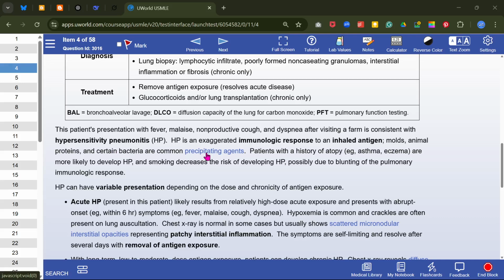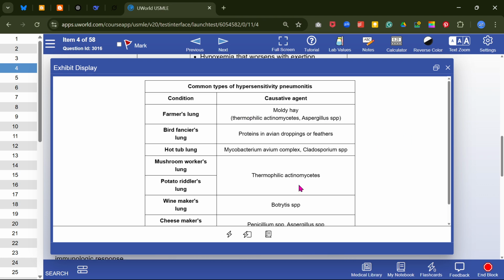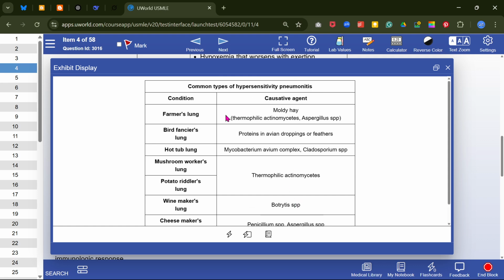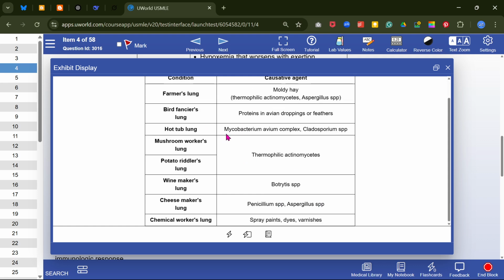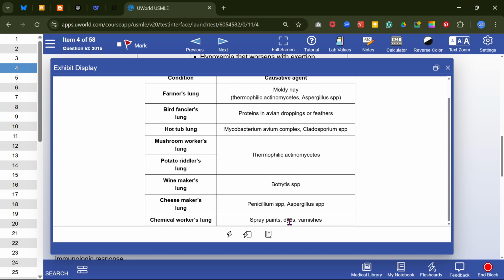Common precipitating agents include certain bacteria. Look here.